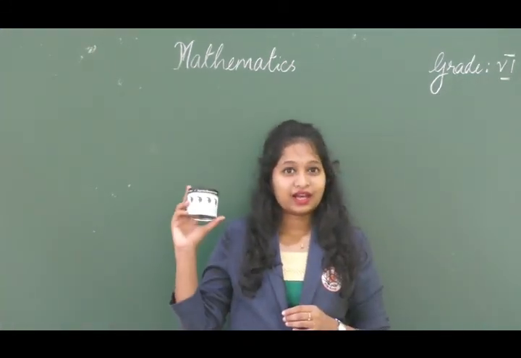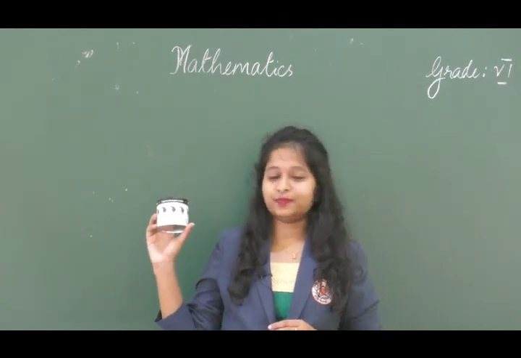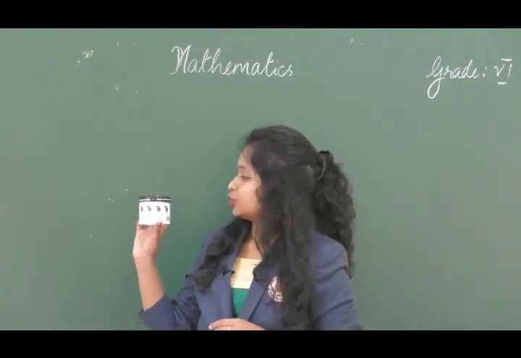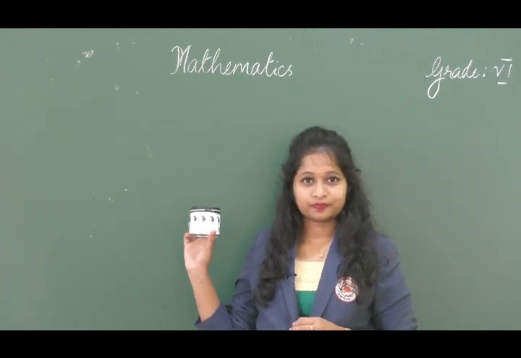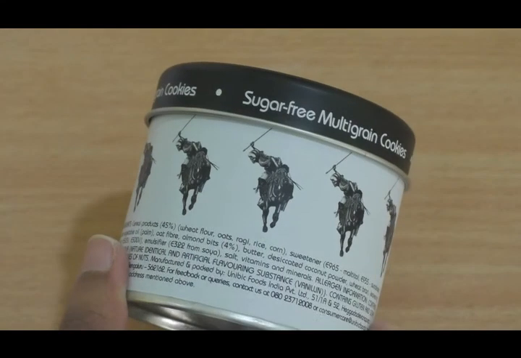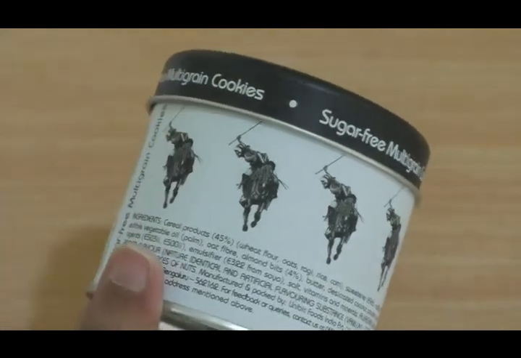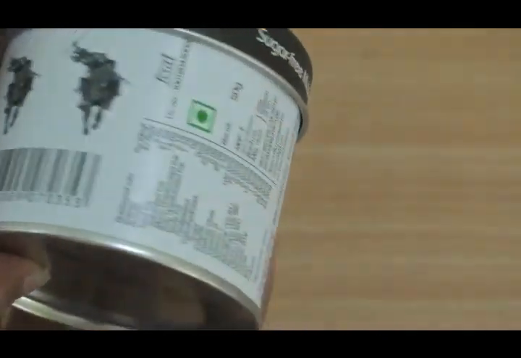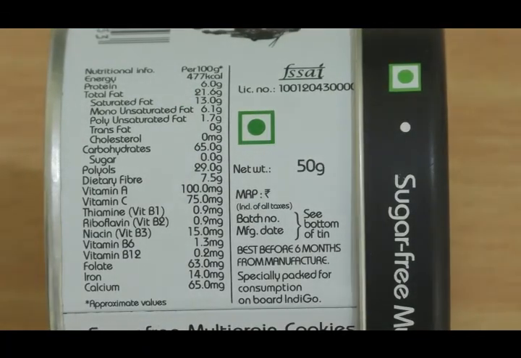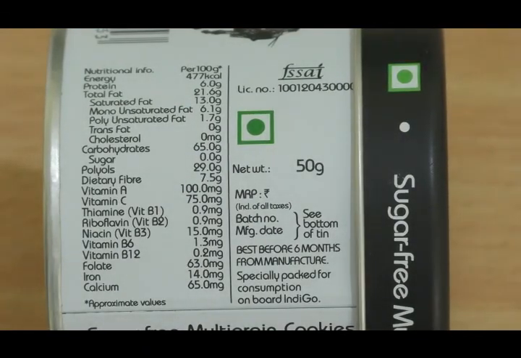Okay, I have a tin here. It has sugar-free multigrain cookies in it. Here they have given ingredients, the barcode, and the nutritional information is also given.